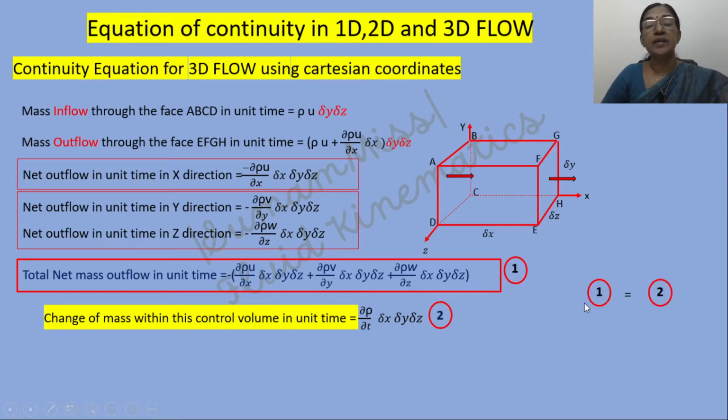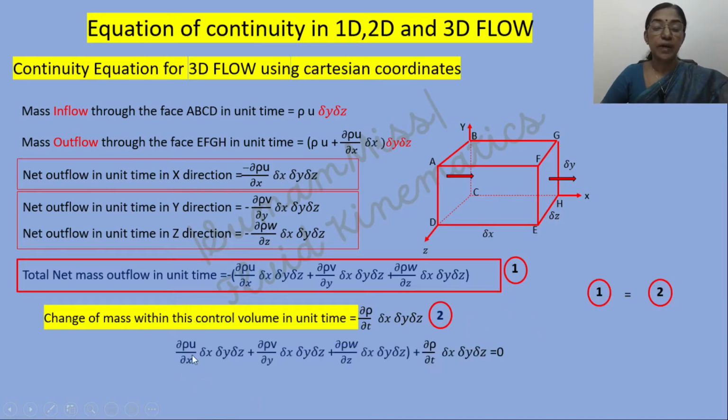So if we equate these two equations, then the final expression is ∂/∂x of (ρu Δx Δy Δz) plus ∂/∂y of (ρv Δx Δy Δz) plus ∂/∂z of (ρw Δx Δy Δz) plus the change of mass within the control volume, that is ∂/∂t of (ρ Δx Δy Δz), equal to 0.